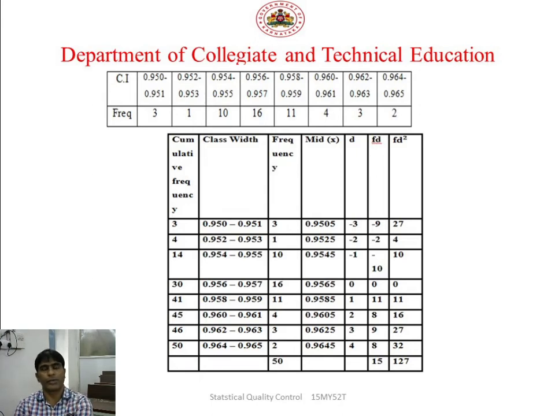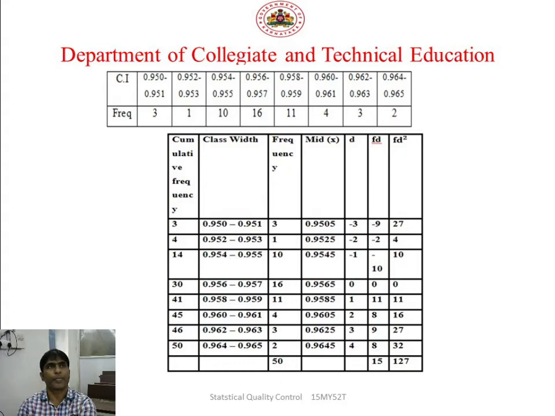The third class is 0.954 to 0.955, 0.956 to 0.957. Next, 0.958 to 0.959, and so on, we should do up to 0.964 to 0.965.